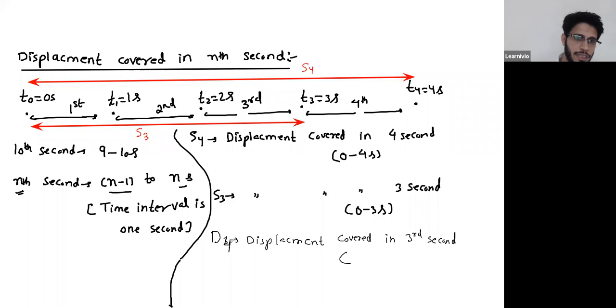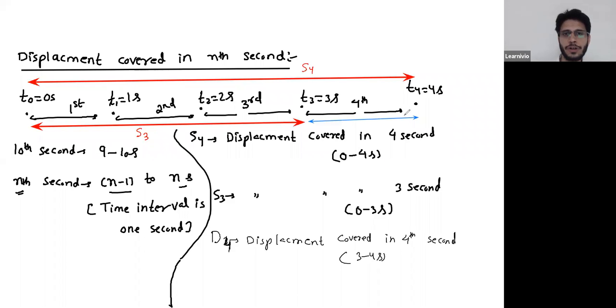Let's say I'm writing D4. D4 is displacement covered in fourth second. Then it's between 4 seconds and 3 seconds, between 3 to 4. So that's the fourth second. If I draw it, this blue color.